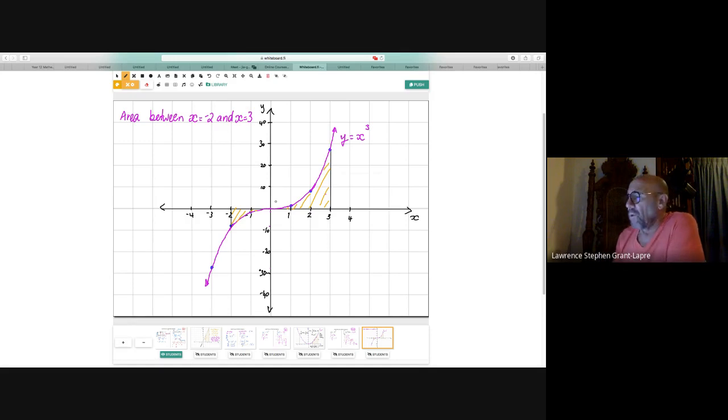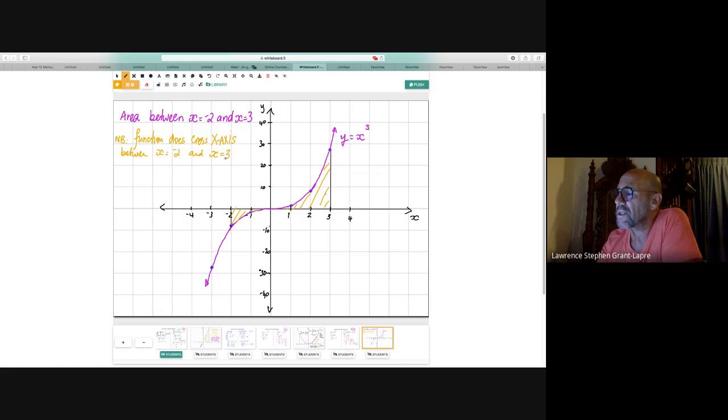Now, will the area be 16.25? I want you to note well that the function does, in fact, cross the x-axis. And this is what I've been making a point with each session, does cross the x-axis between x equals -2 and x equals 3.